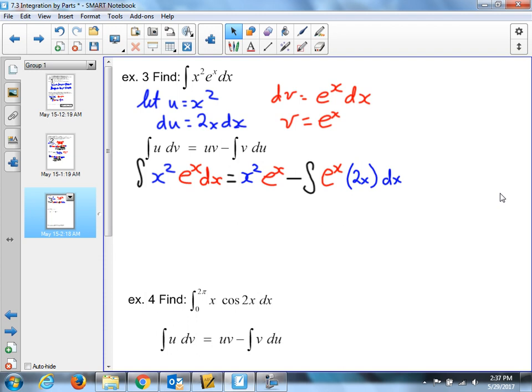But hey, when we do it again, and if we choose u as 2x again, like the algebraic, the 2x, you see that when you do your du, there's just the number 2. So we have to apply the product rule again.